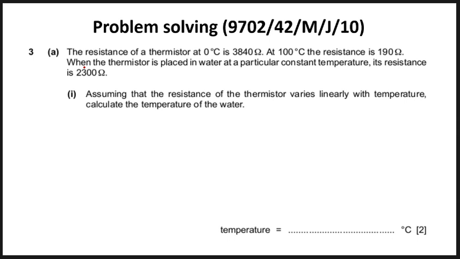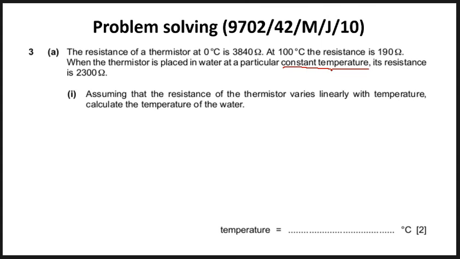Then it says when the thermistor is placed in water at a particular constant temperature, its resistance is 2300 ohm. Okay, that is at a constant temperature. So we need to take note of that.